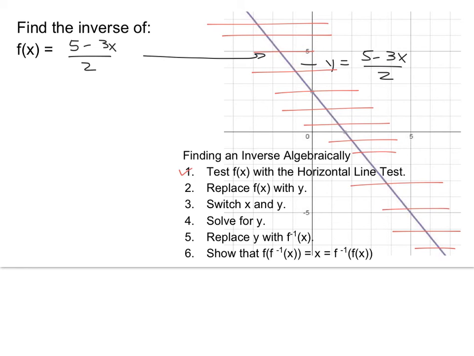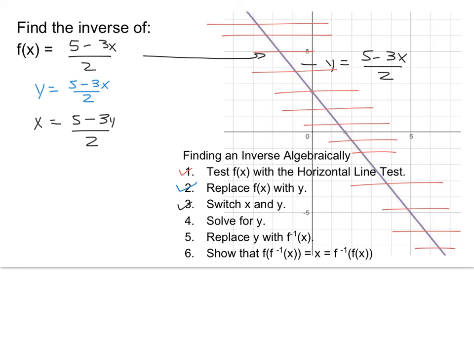And so I'm going to rewrite. I'm going to say y equals (5 minus 3x) over 2. So I rewrote, replacing f of x with y. And now I'm going to switch x and y. So now I'm going to say x equals (5 minus 3y) over 2. So I'm just checking the steps off my list.